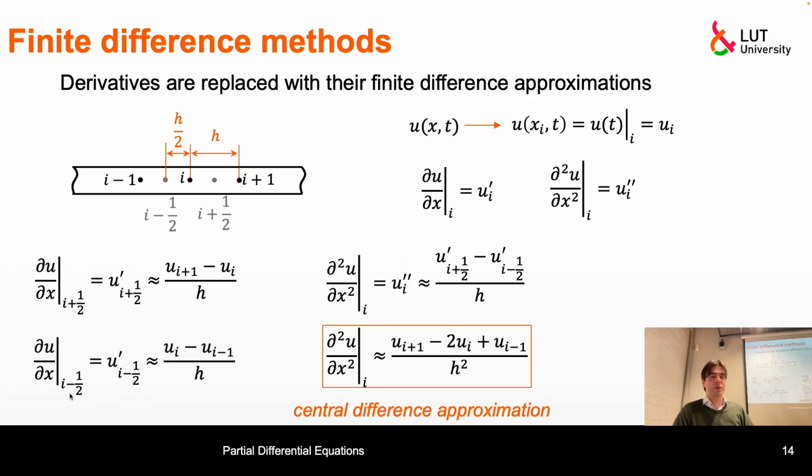Then I substitute these two expressions here, and I get this expression for the second derivative. Now you can see why I made those two intermediate points a different color: they do not appear in the final expression for the second derivative.